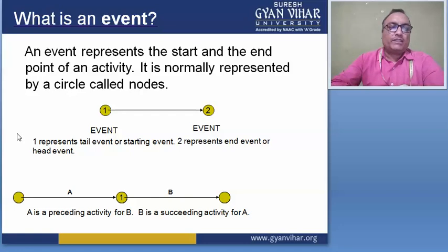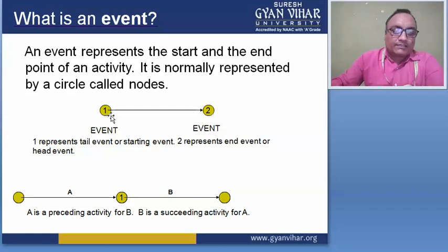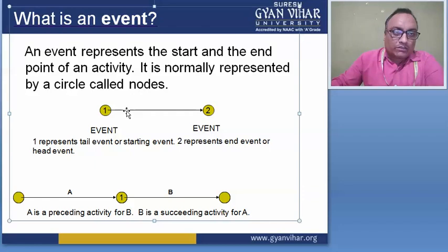One represents the tail event or starting event. In this arrow, one side is the head and one side is the tail. Where the tail of the arrow is situated is called the starting event.